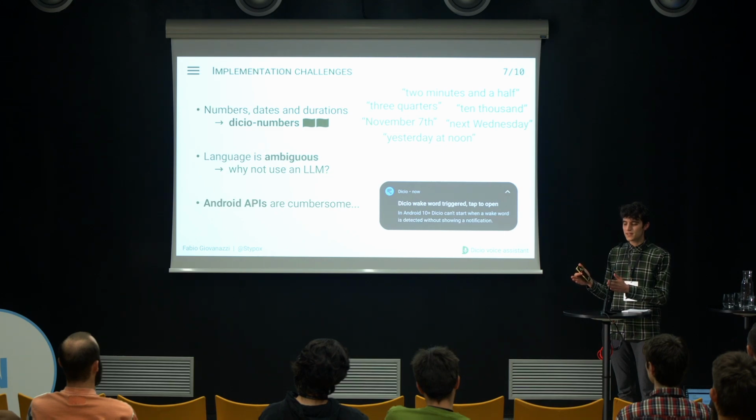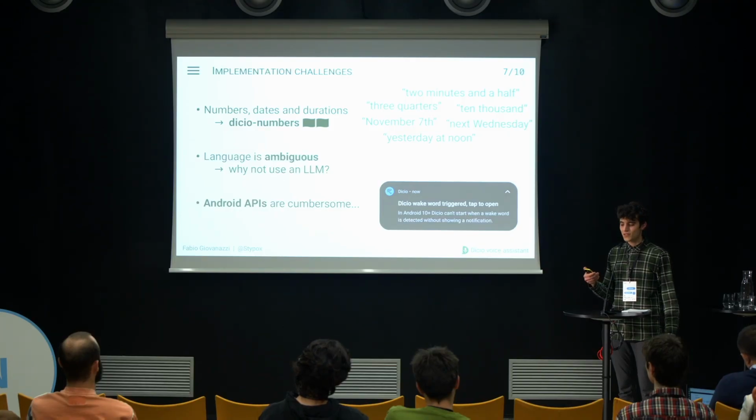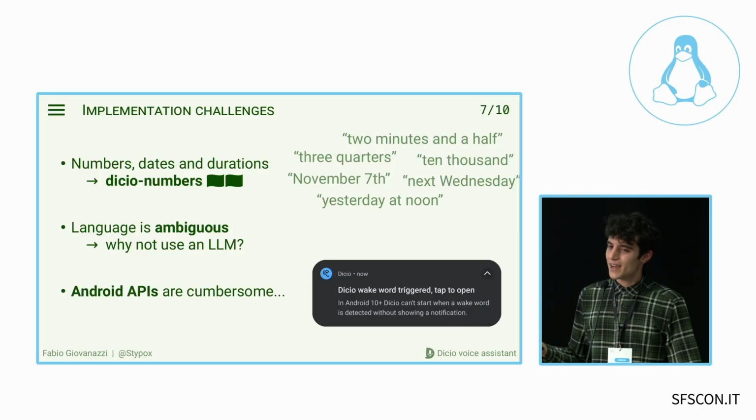Then you need to understand what 10 minutes means and convert it to a number that the system can use to actually set a timer of that length. For this reason, I couldn't find any good library online that does this already, so I had to roll my own library.